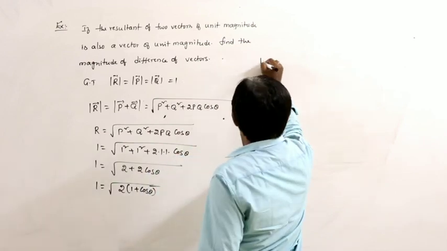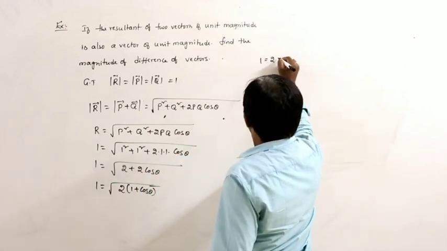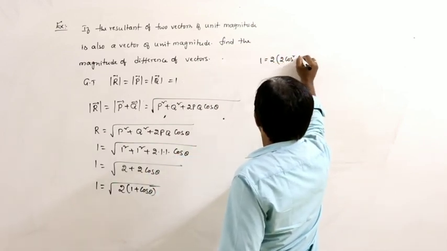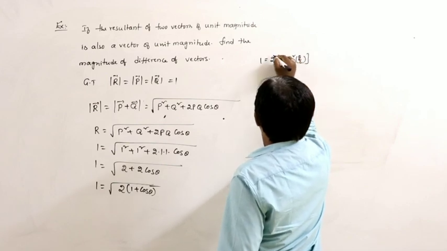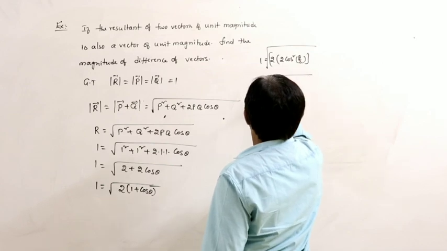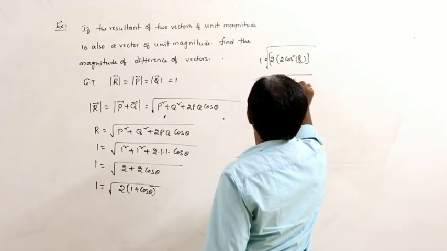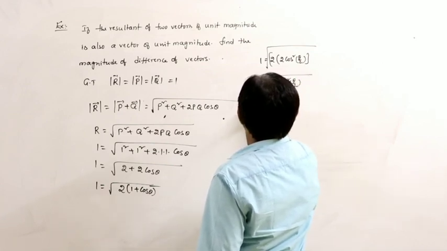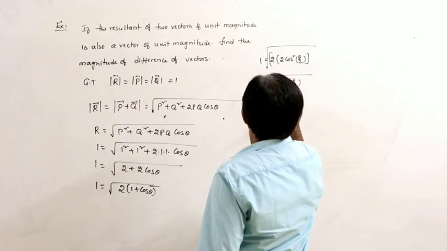So 1 is equal to square root of 2 into 1 plus cos theta, and 1 plus cos theta is 2 cos square theta by 2. So 1 is equal to square root of 4 cos square theta by 2, that is 1 is equal to 2 cos theta by 2.